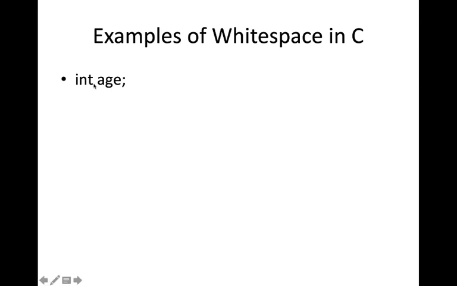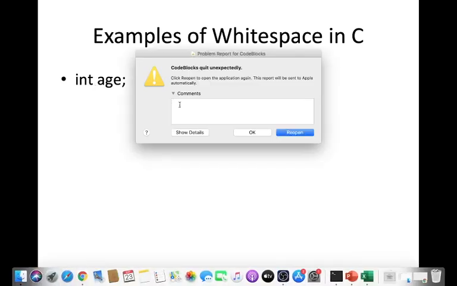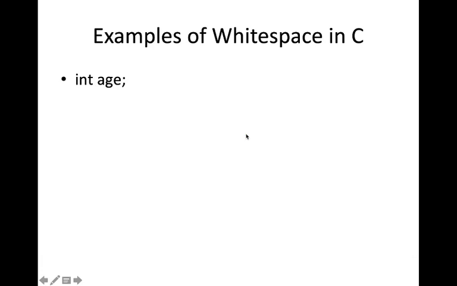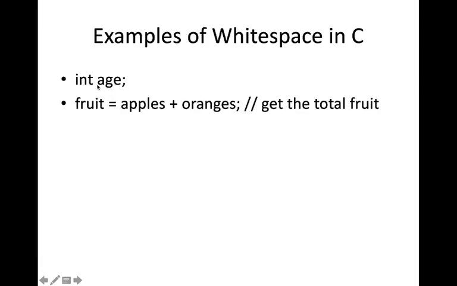Here is an example of white space. In int age, which is a declaration of age, you can see a white space between int and age, between t and a. Then in fruit equals apples plus oranges, there is also white space. This is another way to write a comment. After the double slash you can write something, but you cannot write it in multiple lines; you have to write it in a single line.